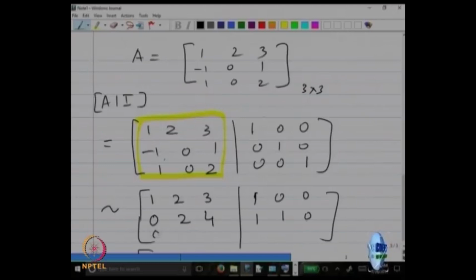So, this will be 0, this will be 3. Add 0 1 and 1, okay. Now, what should be the next step?